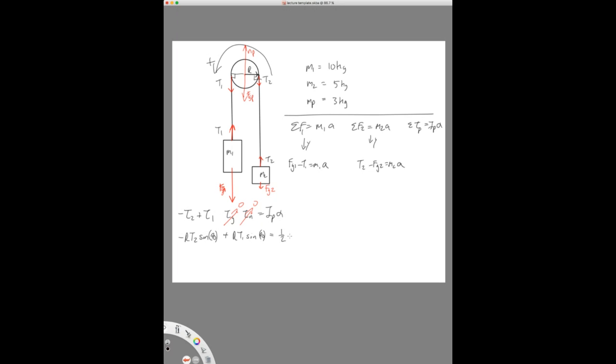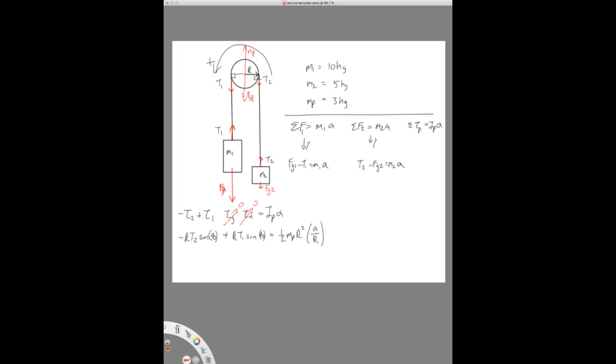Now, your problem will tell you the shape. It won't make you do guesswork, but that's typically what we'll see for a disk. So we'll have 1/2 mass of the pulley times radius squared, and then we can replace alpha with A over R, using those master equations to convert between A and alpha, between our linear and rotational variables.